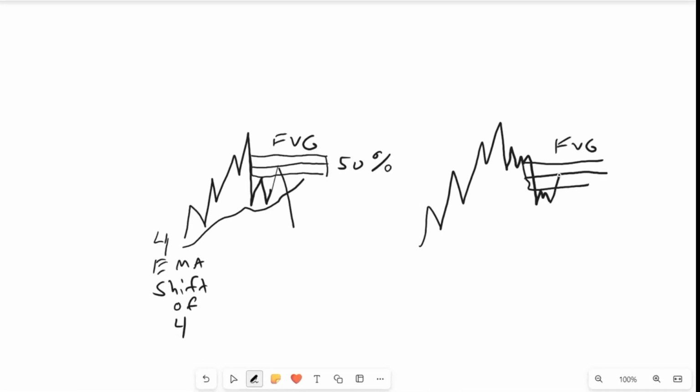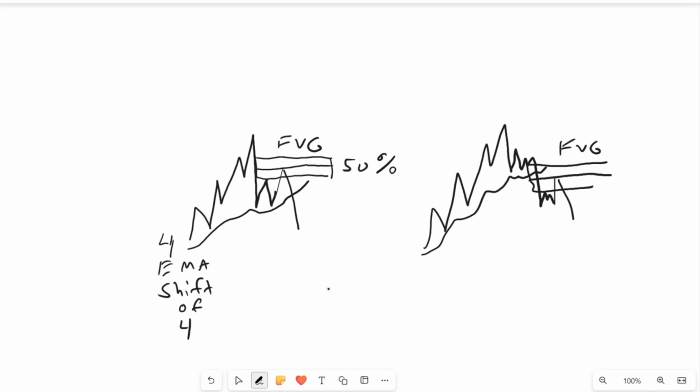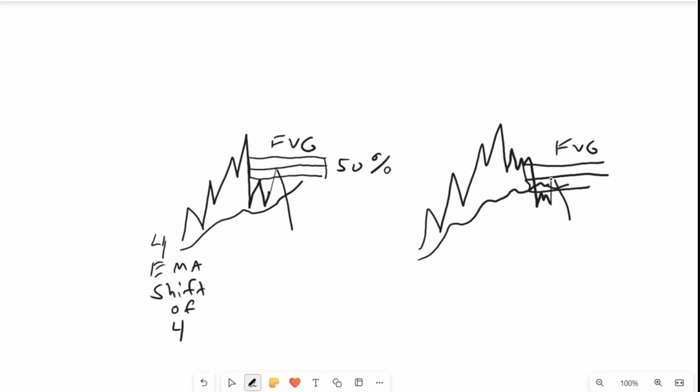Price moves back in and then moves to the downside. And you'll want to watch the 4 EMA, and sometimes it will cross the 4 EMA already, and that will give you an entry. And other times it will go above the 4 EMA and then it'll close back below the 4 EMA, and that will be your entry.